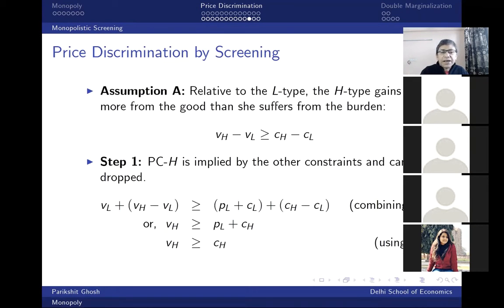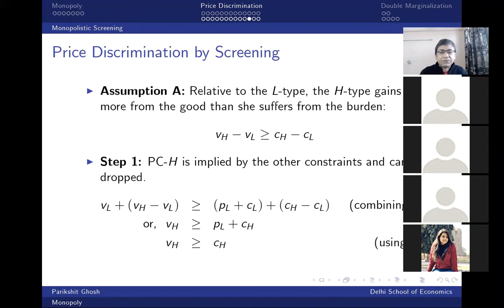One assumption we'll make before we start on these steps is we'll assume this: VH minus VL greater than CH minus CL. So this is saying that the high value customers have a higher valuation for the product. They also have a higher cost. They bear a higher cost if they have to go through that burden, right?